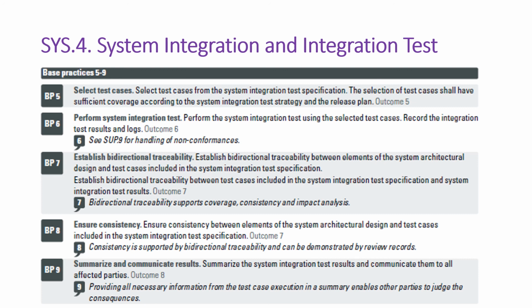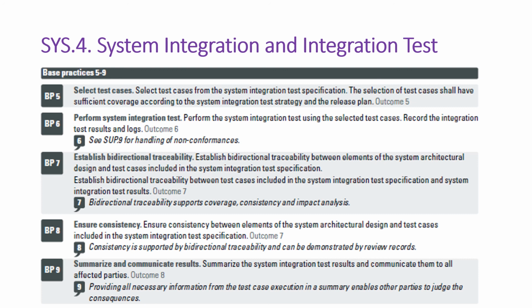And BP8 talks about ensure consistency. Consistency, as I say every time, means we have to ensure bidirectional traceability and the review aspect as well. Once the bidirectional traceability is confirmed, then you can say the entire aspects of the system are covered. When you have proper defined reviews in place, then you will know that the particular thing is reviewed perfectly.